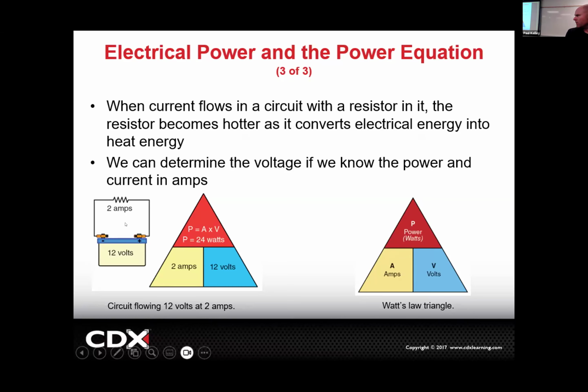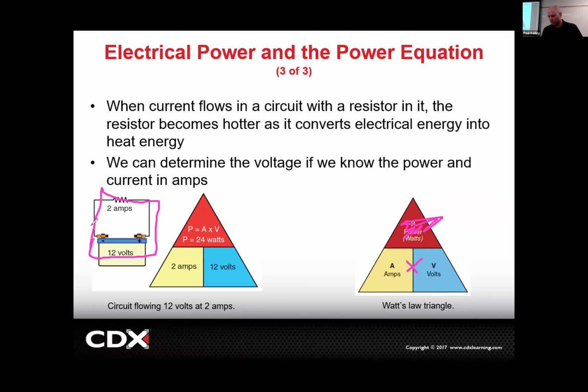We know the V, we know the A. What we don't know is the P, so we would just cover up the P. What do we have for A? That's 2. What do we have for V? That's 12. What's 12 times 2? It's 24. So if we cover this up, it gives us the formula: it's A times V, which is 24. So we have a 24 watt circuit.